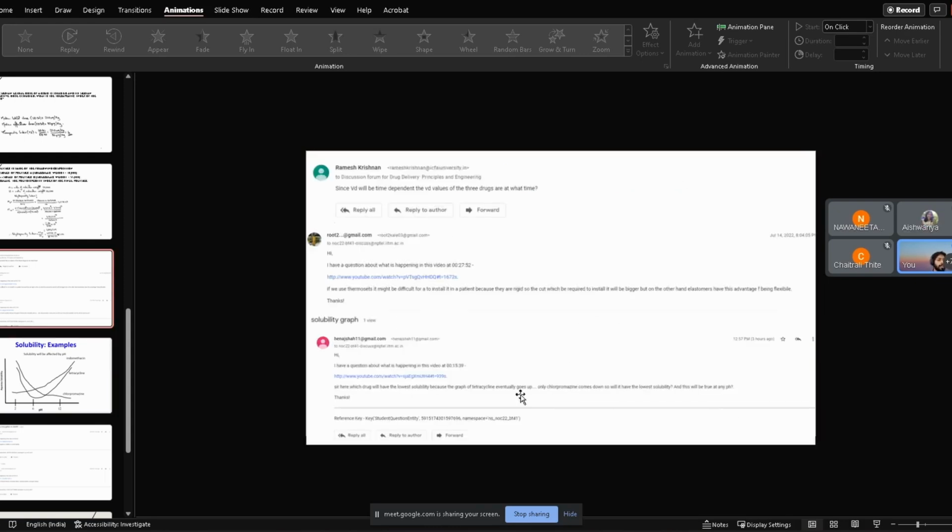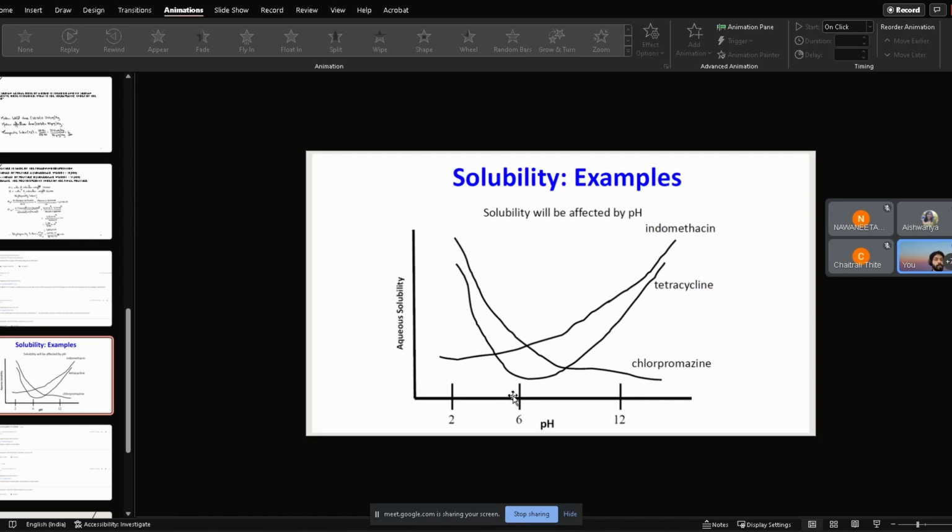So it's not about the overall solubility of the drug. The drug is soluble at different levels at different pHs. You can make tetracycline 100% soluble with acidic pH, or 100% soluble with basic pH, but only mediocrely soluble in physiologically relevant neutral pHs. So it's not a question of which drug has the highest or the lowest solubility.